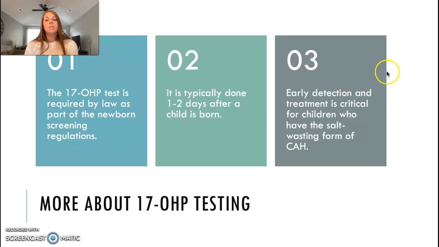So in most states, you're going to see that this test is just part of the course as far as getting our newborns tested and making sure that they do not have this disease. So it is typically done within 1 to 2 days of age. So when the mom and the baby are hanging out at the hospital for those 1 to 2 days, this is just part of what they're doing to make sure that we have a happy, healthy baby.